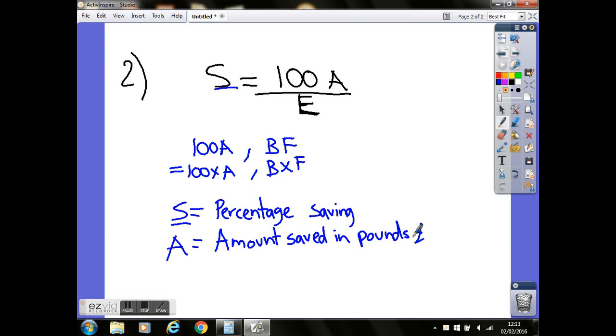And then finally you've got E, that is equal to estimated annual cost for electricity from your supplier in pounds. So we'll shorten that down to estimated annual electricity cost.